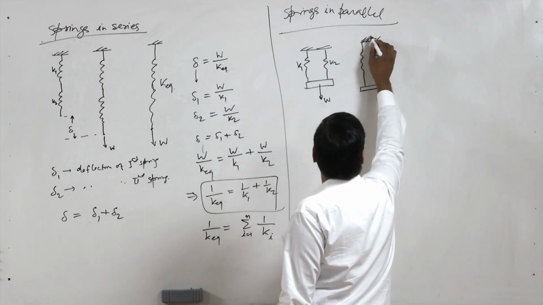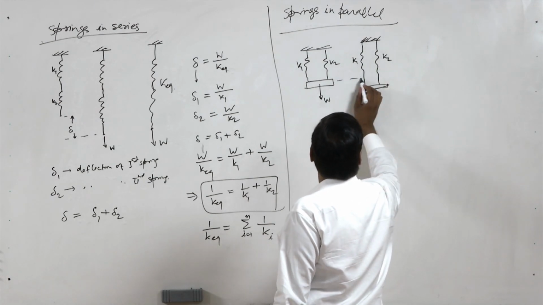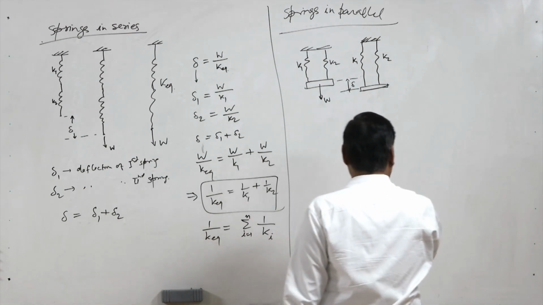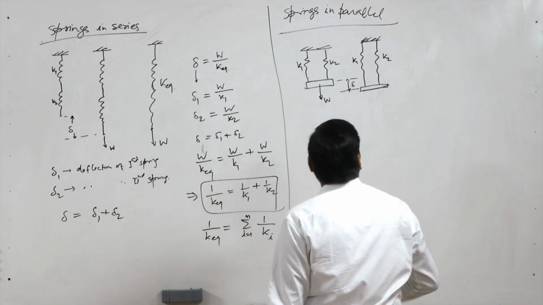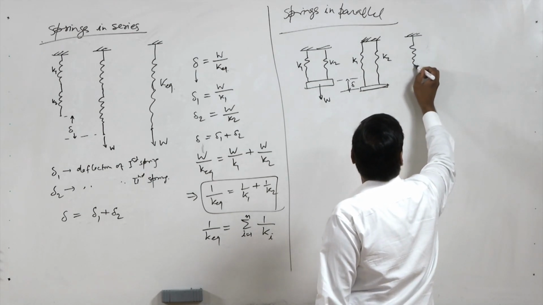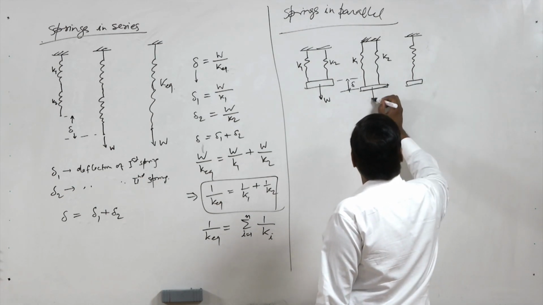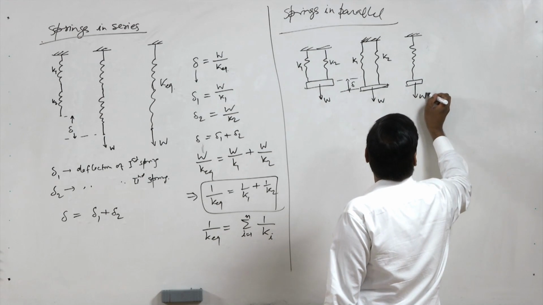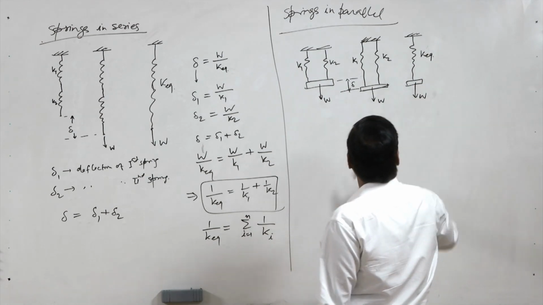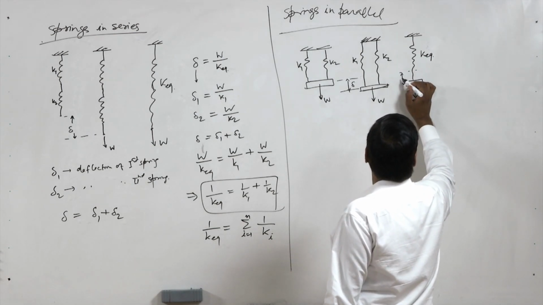So this is K1, K2, and there is a certain deflection here, delta. Now I have an equivalent spring here. If I apply this W, here is K equivalent, and it again gives a deflection of delta.